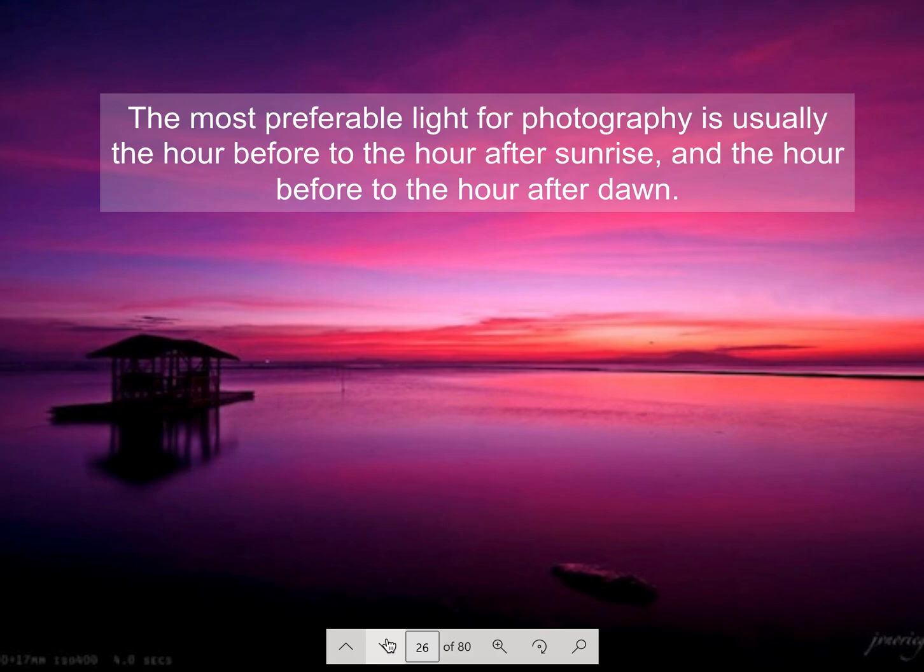And the most preferable light for photography is the hour before to the hour after sunrise, the hour before and the hour after sunset. And here you go. I mean, this is the beautiful, magical color, high contrast without high key photography that you can only get during twilight.